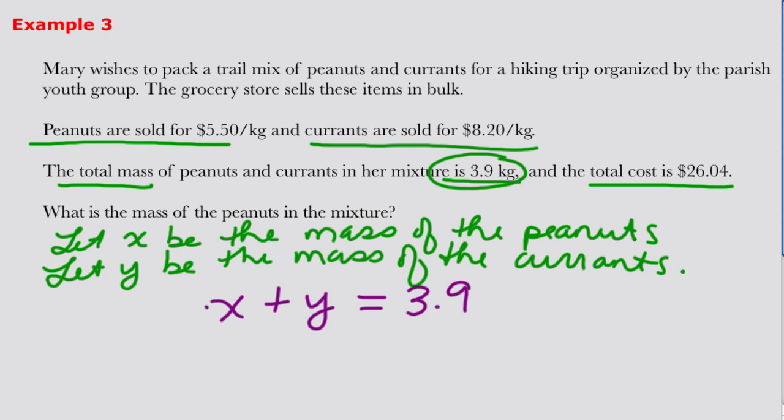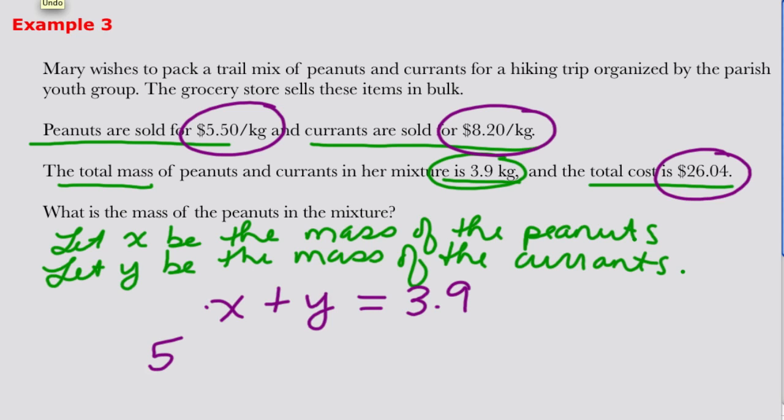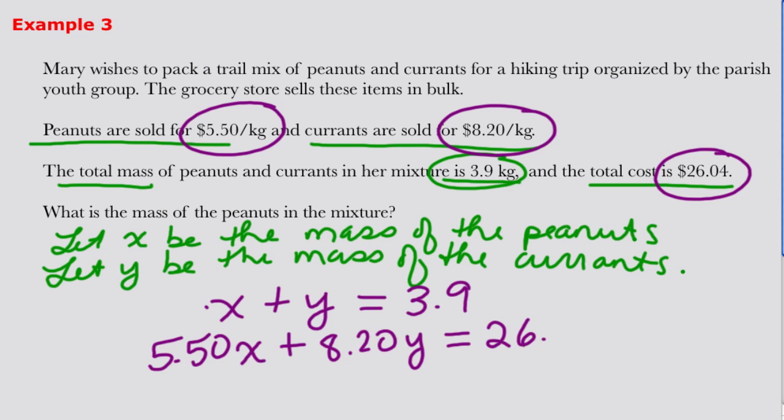The other equation is going to focus more on the cost. Right here we have the cost of the peanuts and the cost of the currants, and we have a total cost. So what I want you to do is think of maybe one simple equation, one that's a little bit more complicated, bringing in the price of each. So $5.50 per kilogram of peanuts, $8.20 per kilogram of currants equals $26.04 as a total cost.